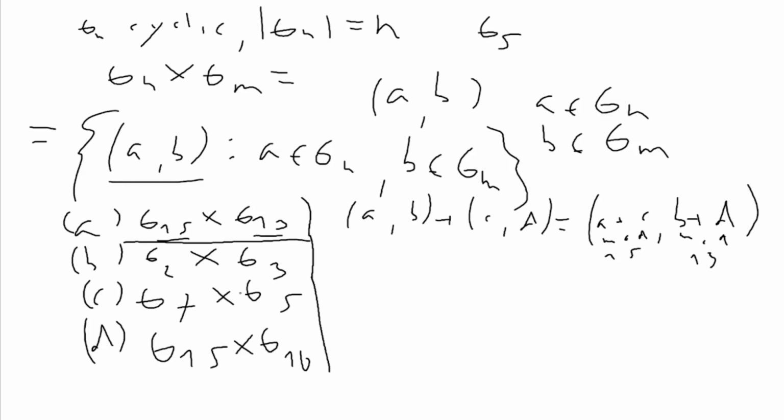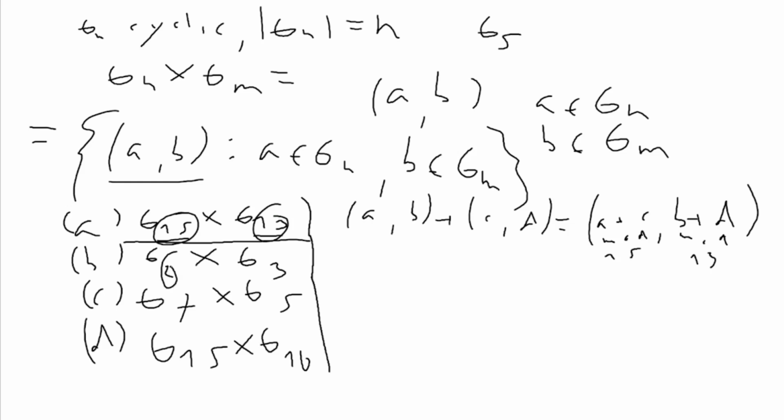Now we're asking, which of them will not be cyclic? Well, the rule is quite simple. The rule is basically, as long as these two numbers are co-prime, it works. It's a cyclic group as a Cartesian product.